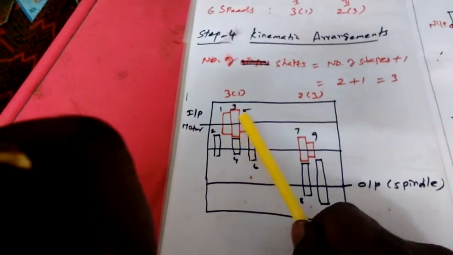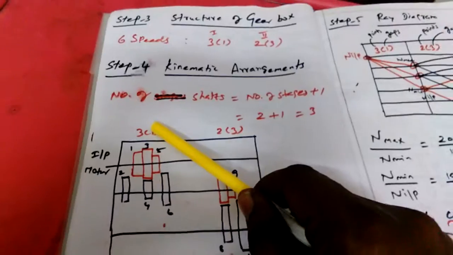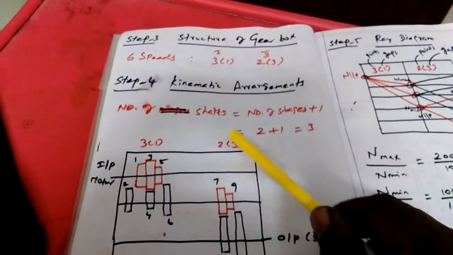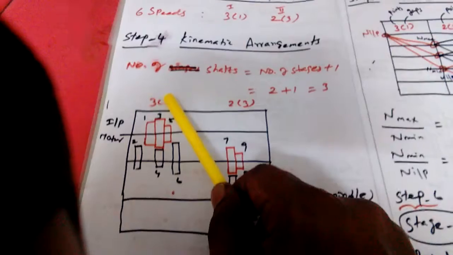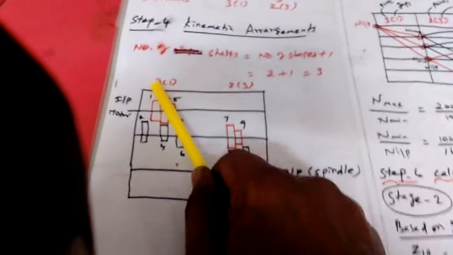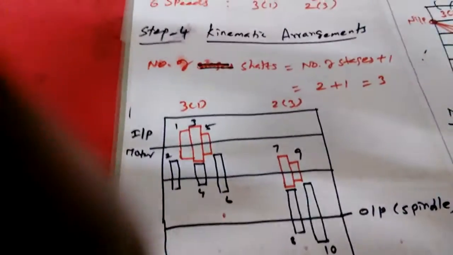For stage number 1, how will you draw this kinematic arrangement? This is the input, in the bracket, and 3 is the output. Here in stage number 2, 3 is the input, 2 is the output. Initially we have to give only one input, and the motor is the input. Next, 3 outputs means we have to draw 3 shafts.